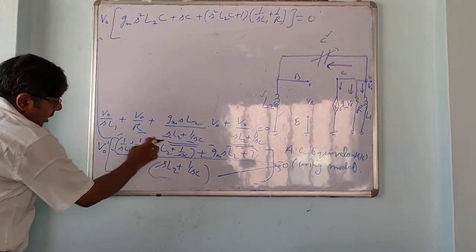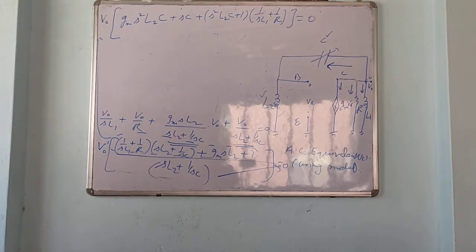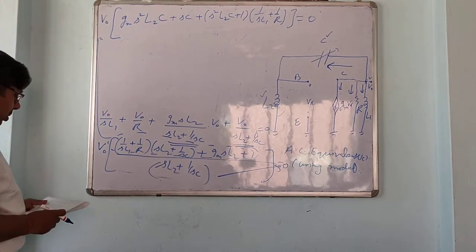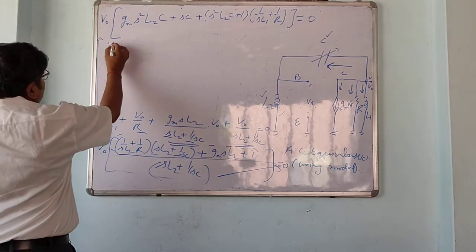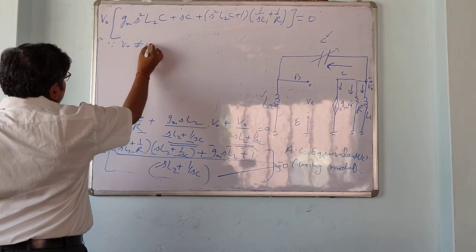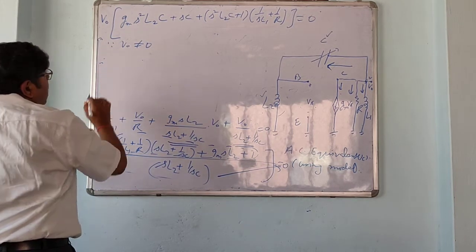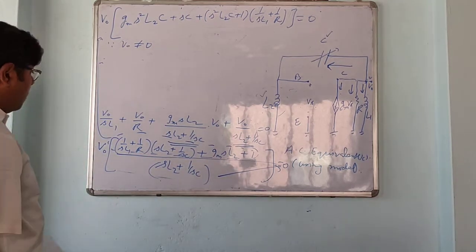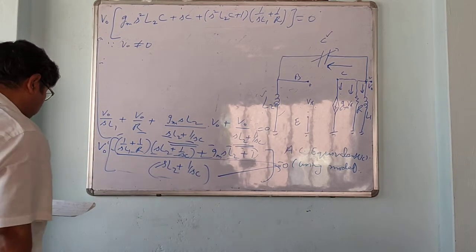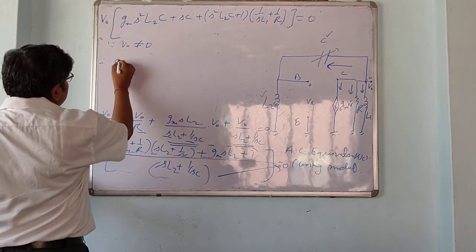So you can take SC as the LCM. Now you can separate terms. Since V0 is not equal to 0, the other factor must be 0.